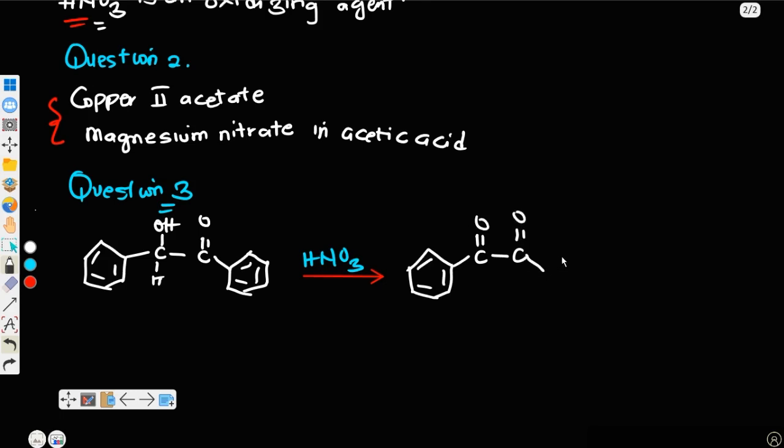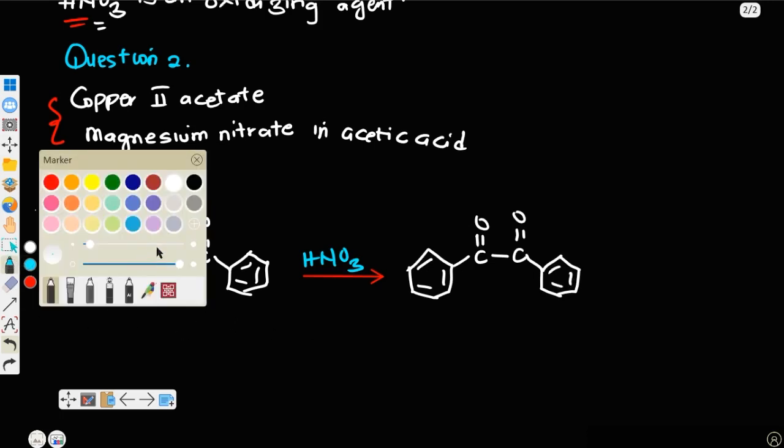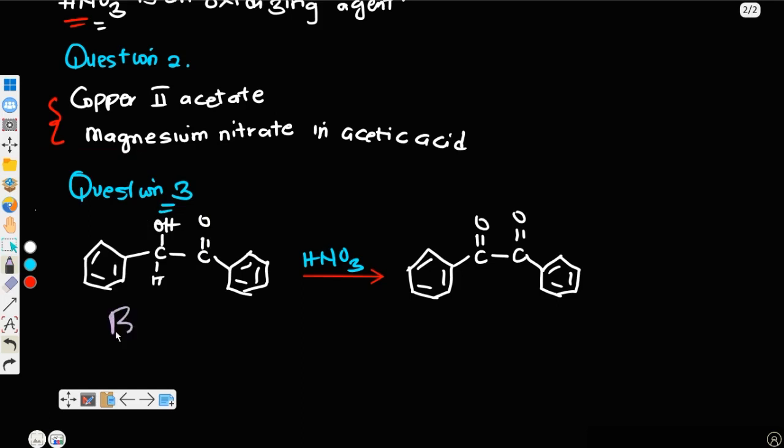It's still the same thing. All right, so here is what we call benzil. This is benzoin, this is benzil, then this is nitric acid. It's just an oxidation reaction.